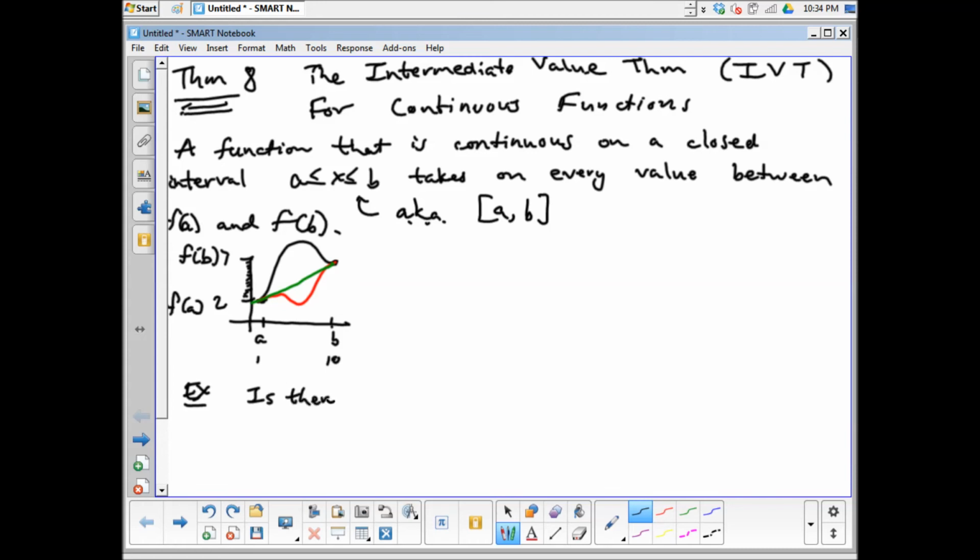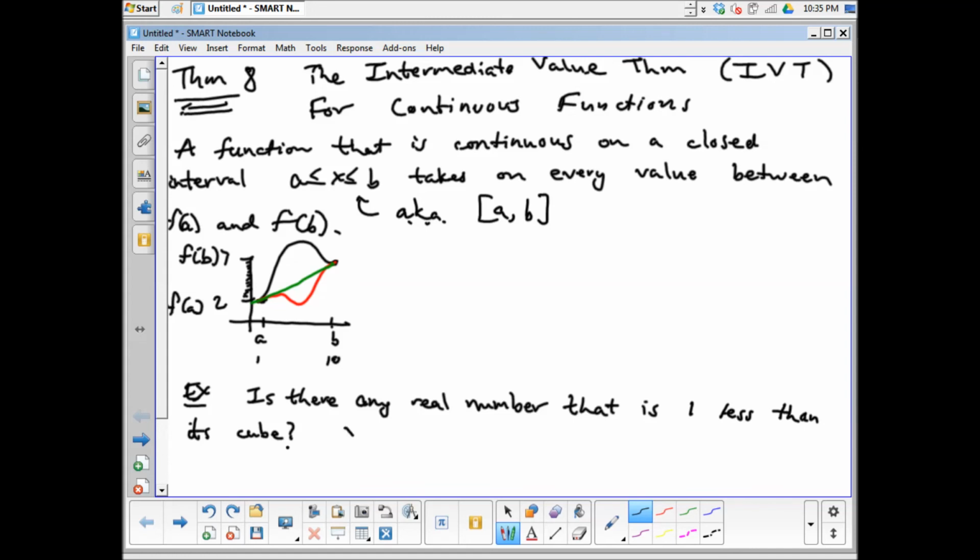Is there any real number that is 1 less than its cube?